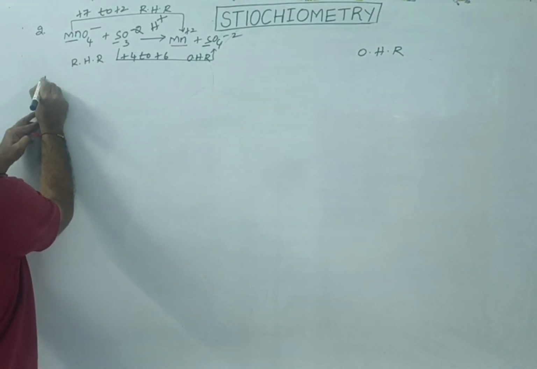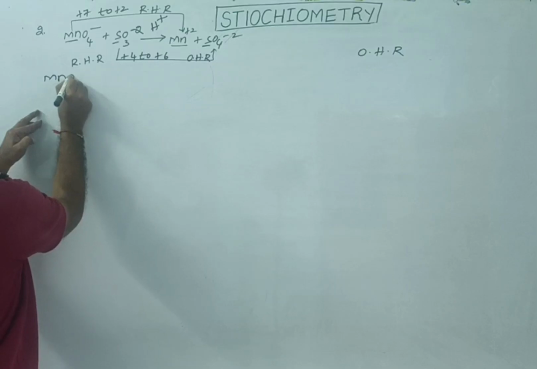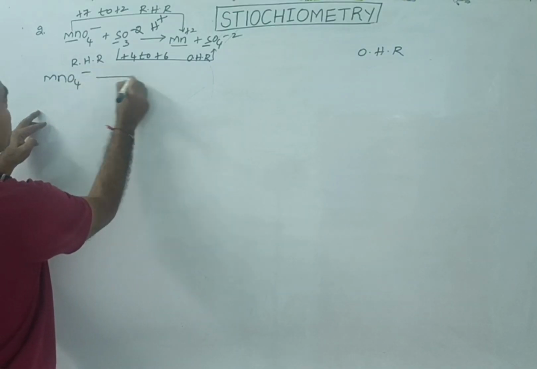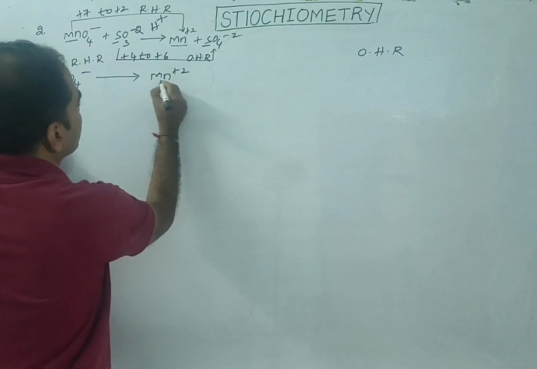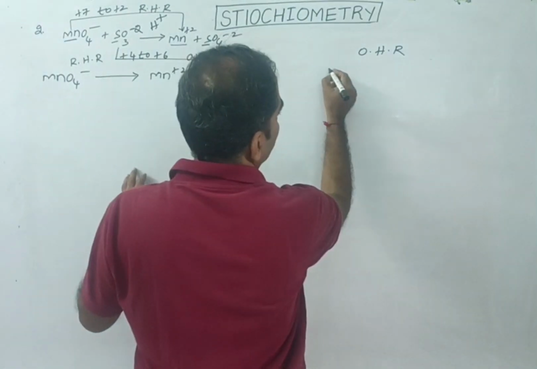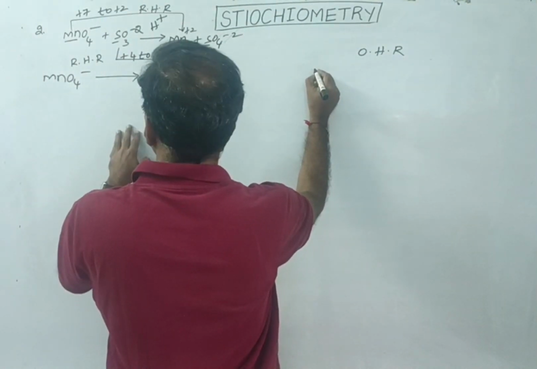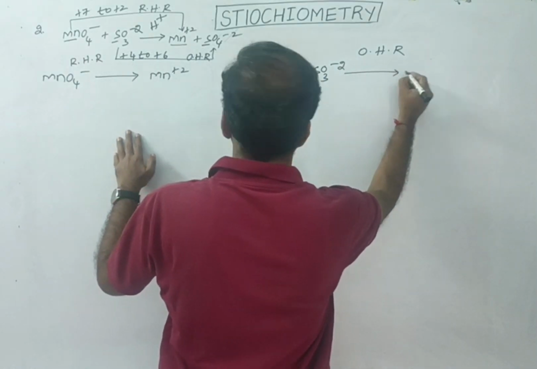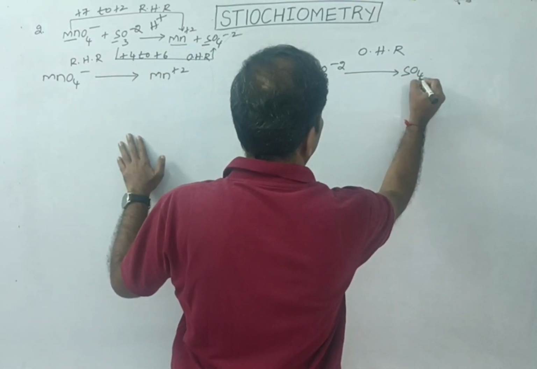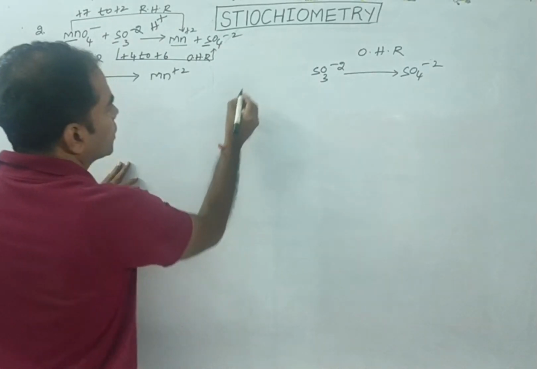Reduction half reaction: MnO4 minus gives rise to Mn plus 2. Now this side, oxidation half reaction: SO3 minus 2 to SO4 minus 2, right?